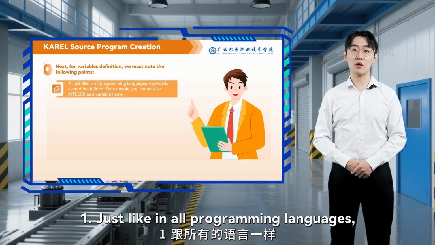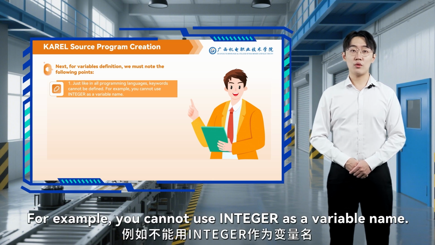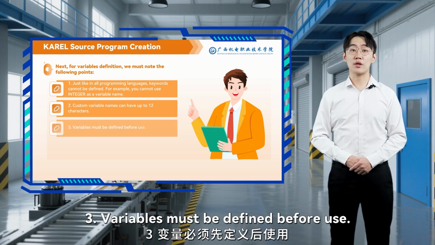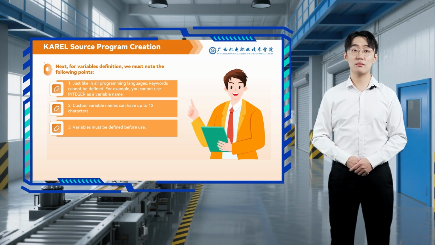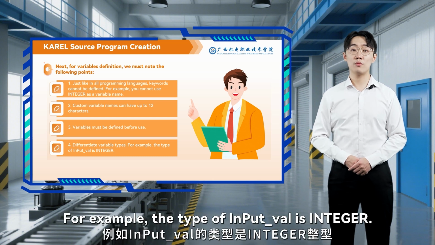Just like in all programming languages, keywords cannot be defined. For example, you cannot use integer as a variable name. 2. Custom variable names can have up to 12 characters. 3. Variables must be defined before use. 4. Different variable types. For example, the type of input_val is integer.